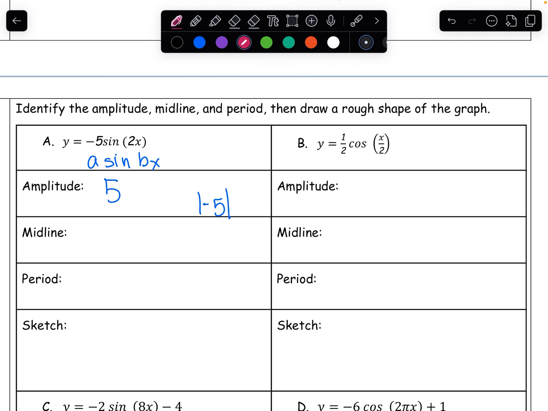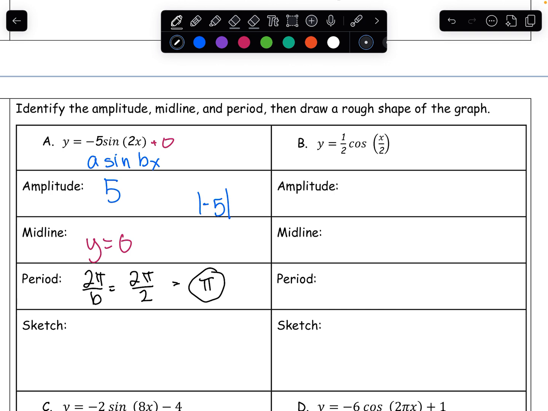Our midline is our D value. Well, there is no D value, so it's just y equals 0. And our period, which again we're going to write in radians, is 2 pi divided by b. So 2 pi divided by 2, which is pi.